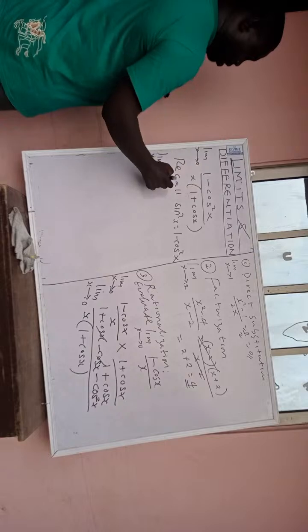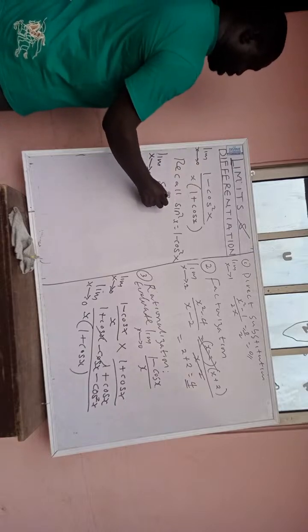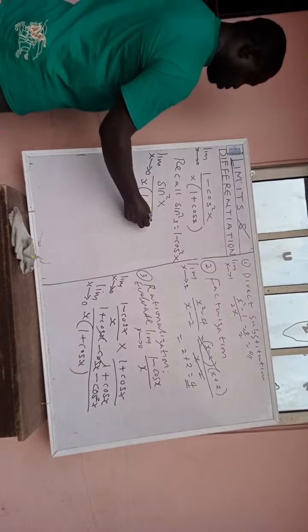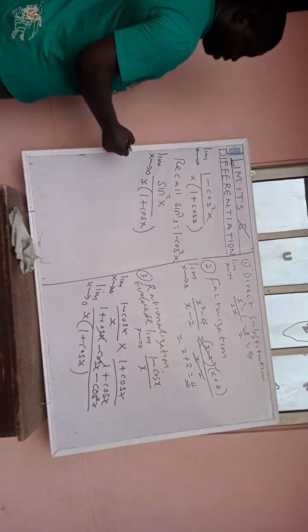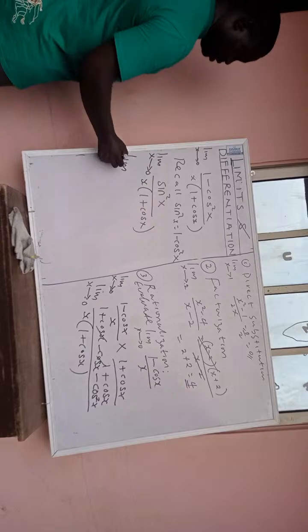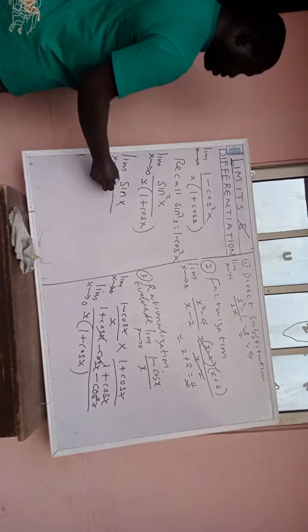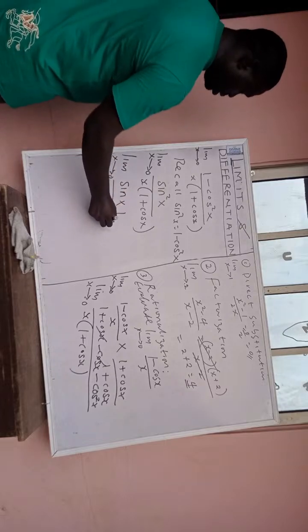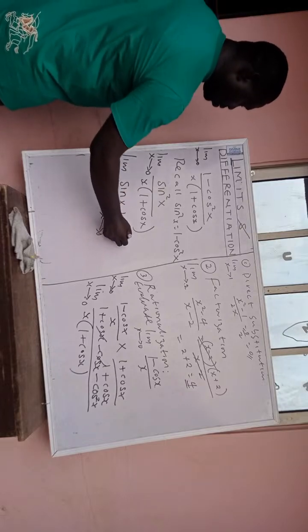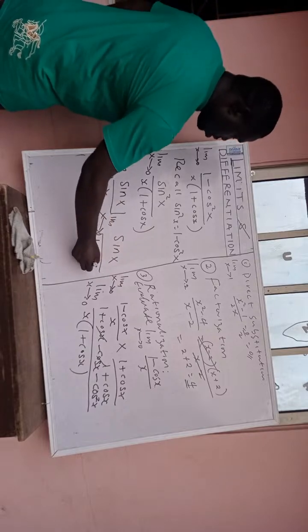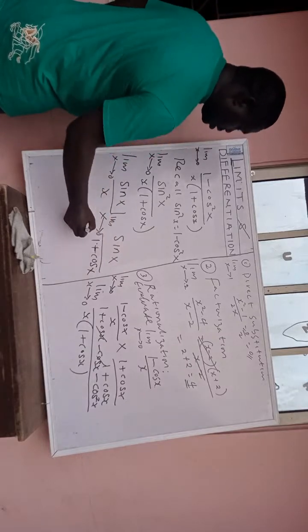So what do I have here? I have sine squared x over x times 1 plus cos x. So limit as x tends to 0 of sine x over x, times limit as x tends to 0 of sine x over this. You can see the way I'm applying the limit.